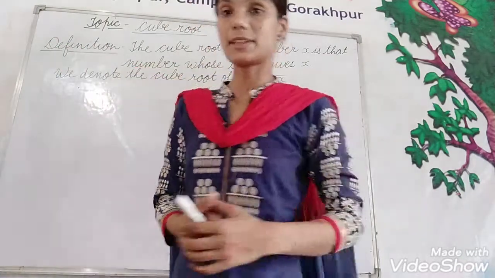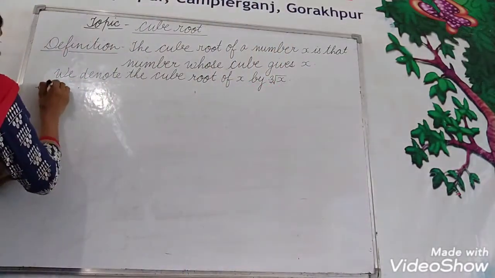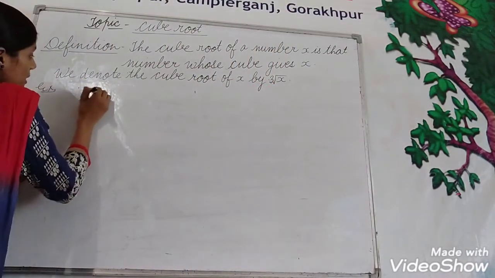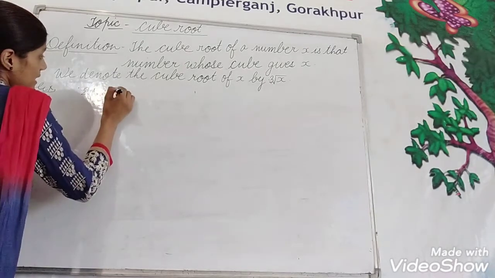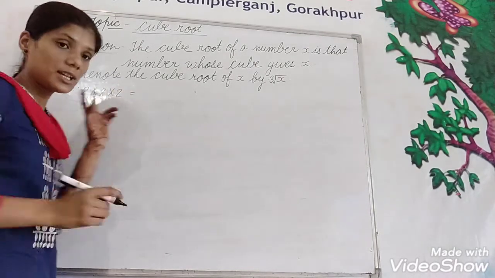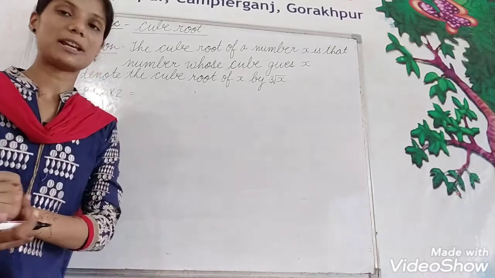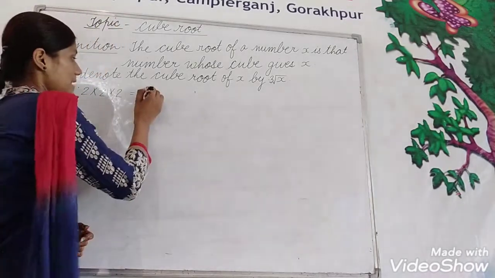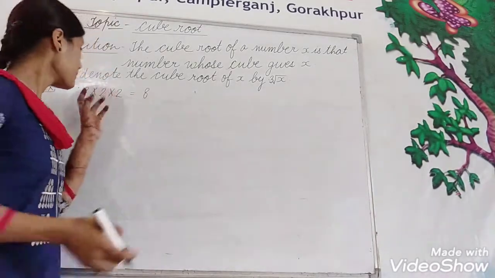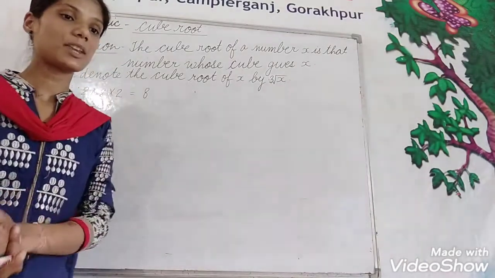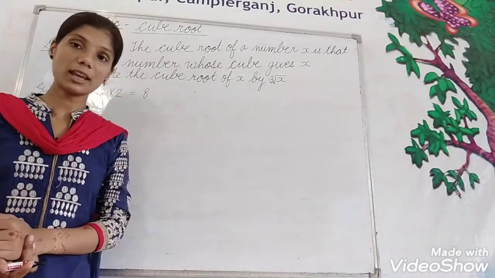We have seen 2 multiplied by 2 multiplied by 2. Like this, 2 multiplied by 2 multiplied by 2, so your answer is 8. 2 2s are 4 and 4 2s are 8. Your answer is 8.